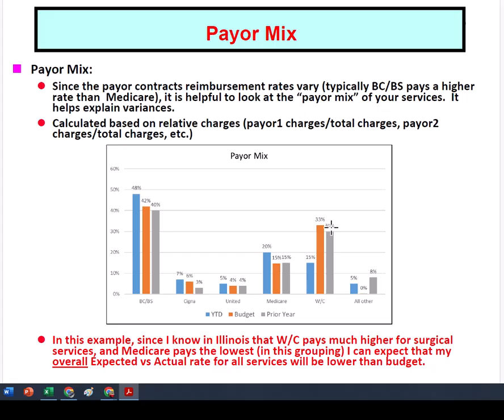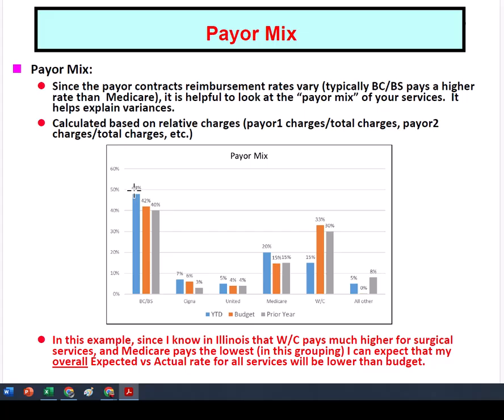Well, if last year 30% of my surgeries were work comp, and this year they're 15%, and 15% were Medicare last year and 20% are Medicare this year, and Blue Cross last year was 40% and now it's 48%, you can see that I've replaced relatively higher paying work comp cases with lower paying Medicare and lower paying Blue Cross. So my revenue is going to be down.